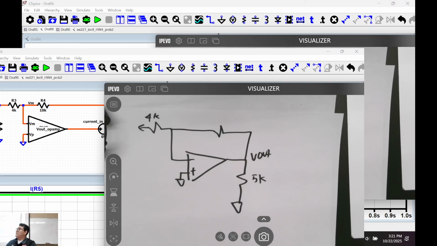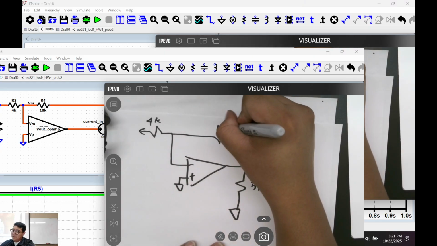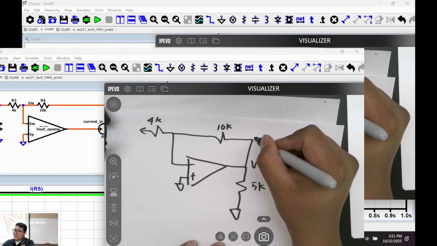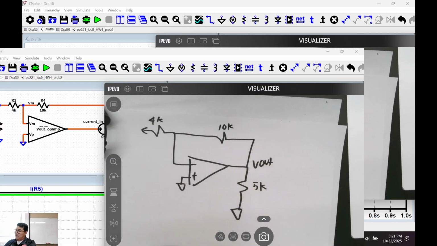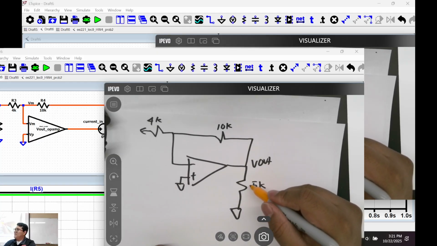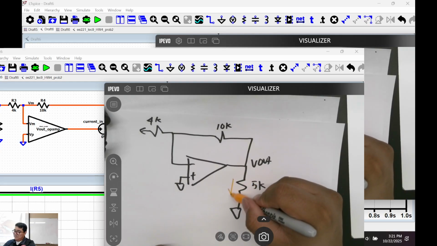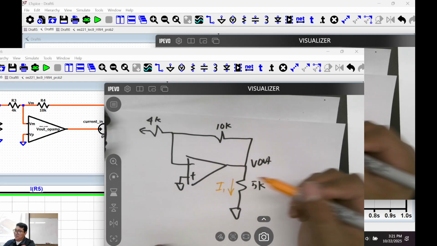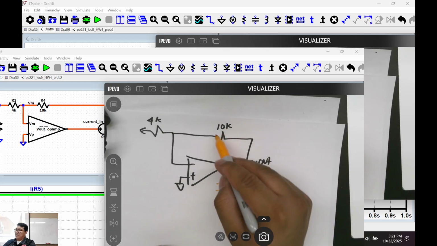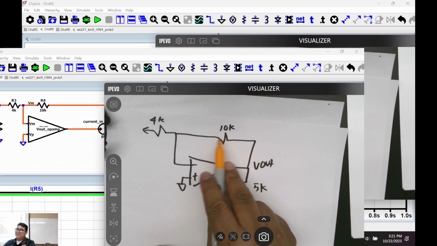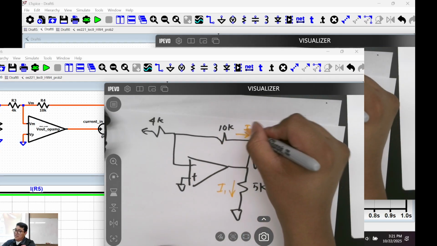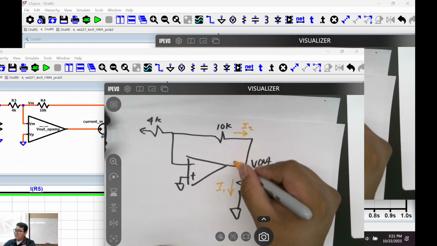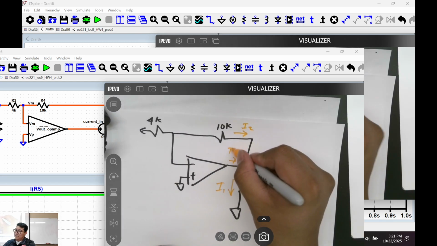Is that good? Choose your current direction. Want to go up or down? Down? Call this one I1. Which way? To the right, I2. And then let's do I0.